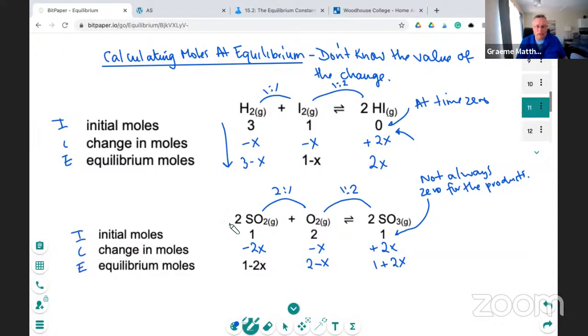And the trick is that you just add going down. That's what you do. All right, initial, change, equilibrium. And so you get the equilibrium number of moles like this, right? Good.